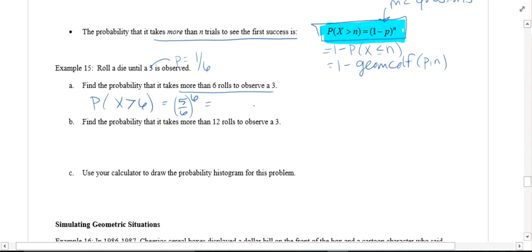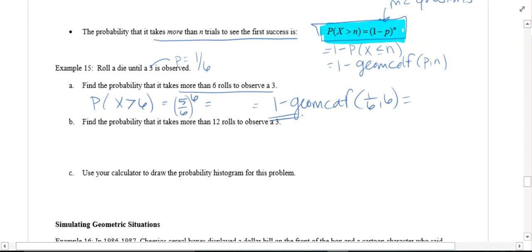That's going to be the same answer as if I did 1 minus geometric CDF, p, my probability of success, which is 1/6, and 6. Okay, so go ahead and double check that you get the same answer either way. Just the geometric CDF, don't forget to subtract it from 1.